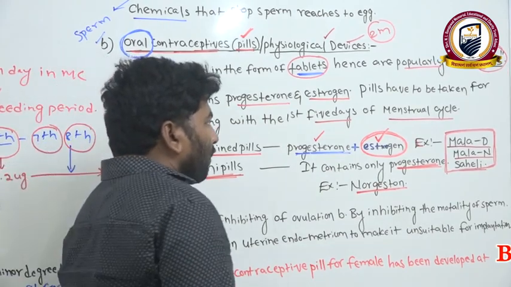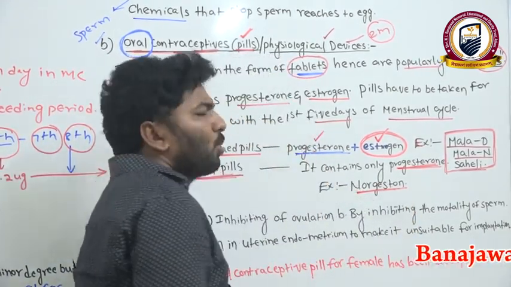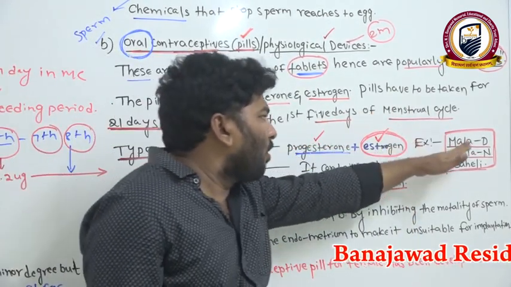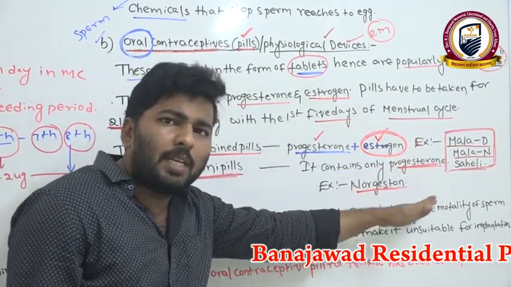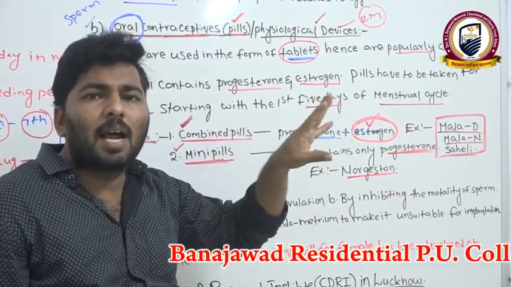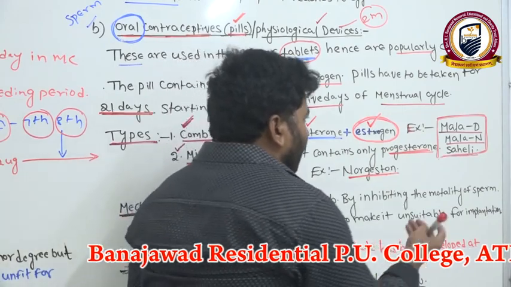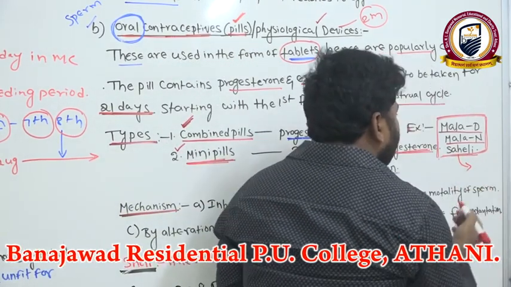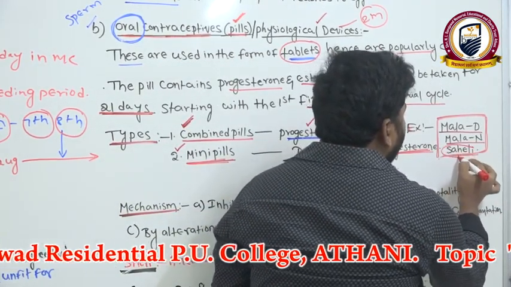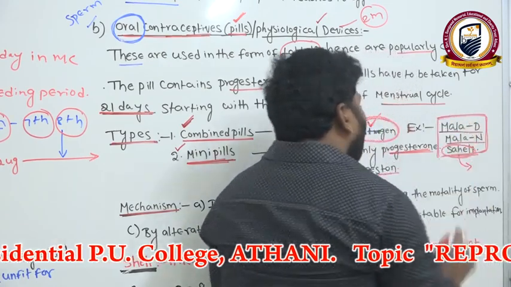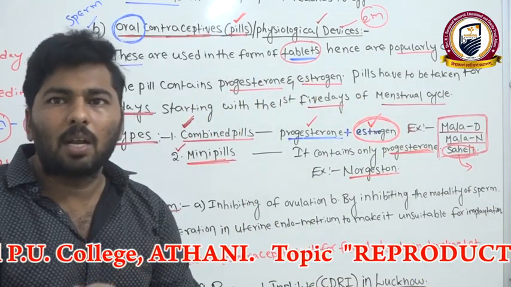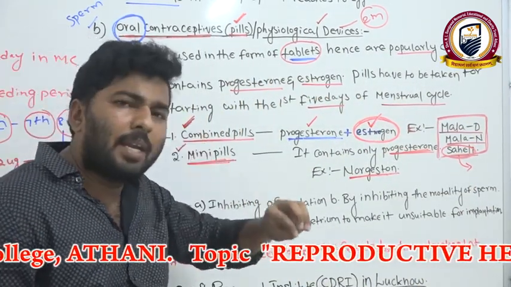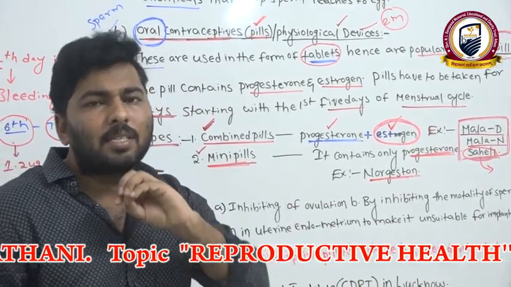Now we notice they are asking one question. Among these oral pills, which one is called a non-steroidal oral pill? That is nothing but Saheli. Saheli is a non-steroidal oral contraceptive. Why is it called non-steroidal? It does not contain any steroidal structures.